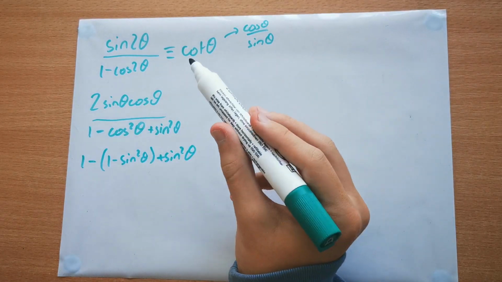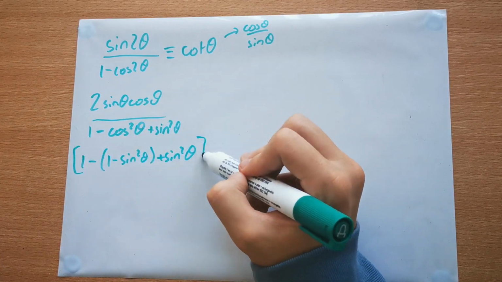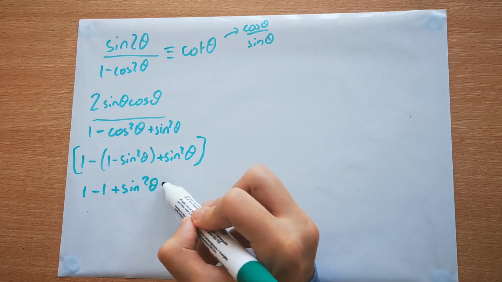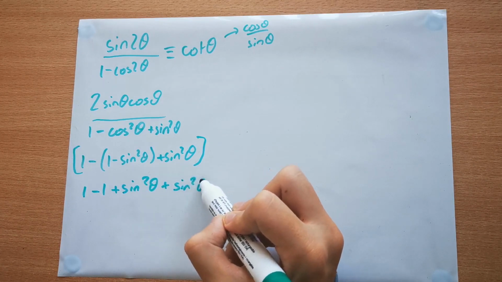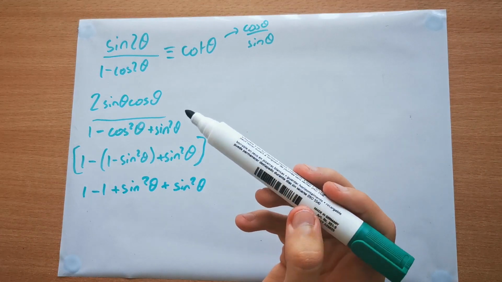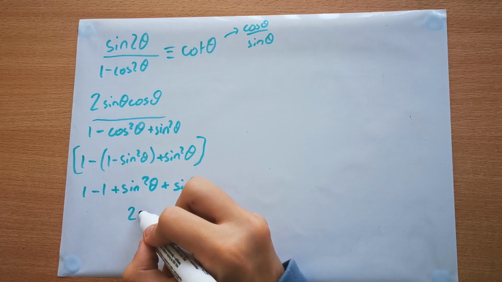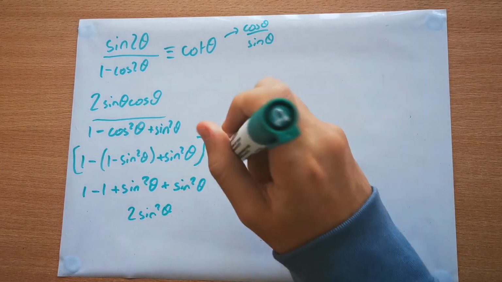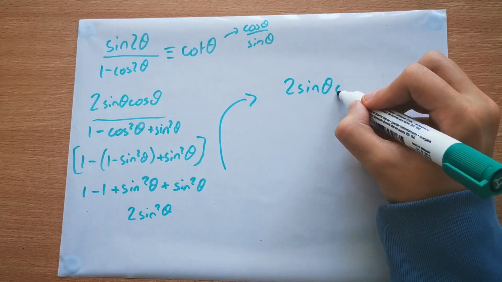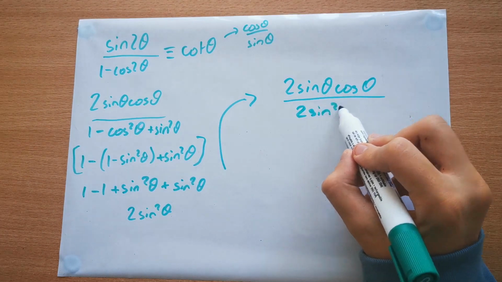Now we're just working on the bottom here. 1 minus 1 is obviously going to disappear. That's going to be 2 sine squared theta at the bottom, so we can write 2 sine theta cos theta divided by 2 sine squared theta.